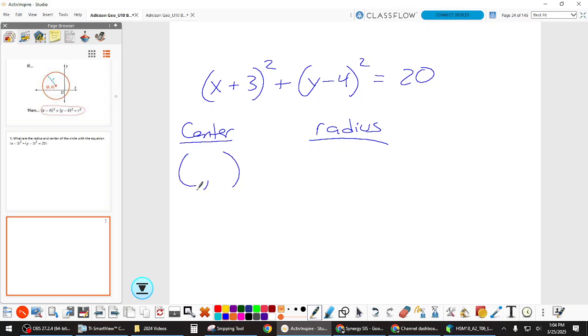Where's the center? Opposite of positive 3, opposite of negative 4, right? Is how we're seeing it. Yeah. Radius, square root of 20, which is 4 point something, okay?